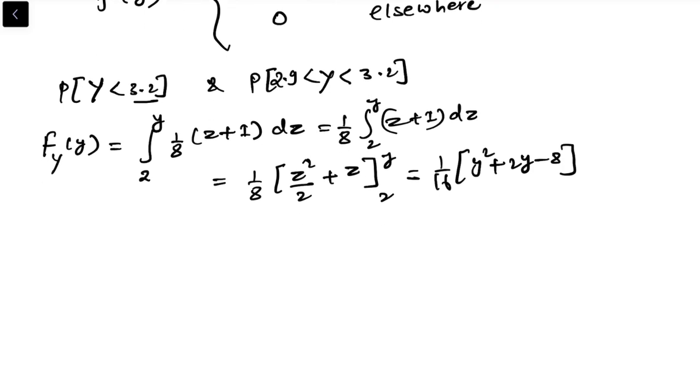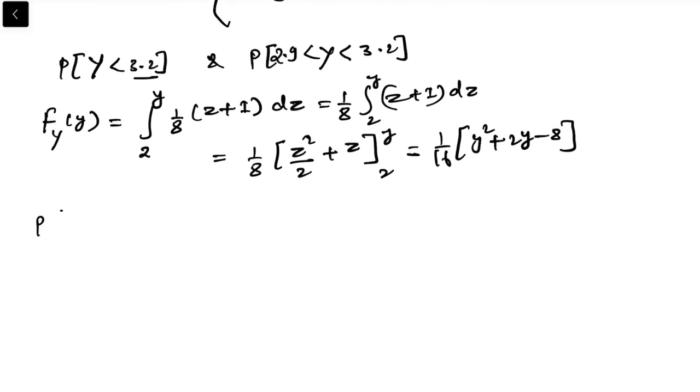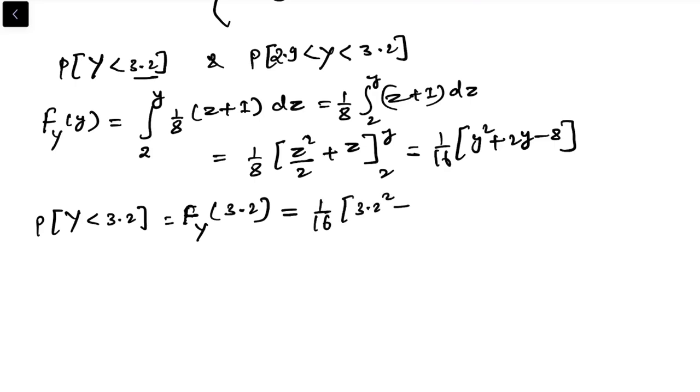Now the probability of y less than 3.2, we can write this as capital F of 3.2, right? These notations are basically the same. And now we can put 3.2 in place of y. So this is 1 over 16 times 3.2 square plus 2 times 3.2 minus 8. I'll leave this calculation to you. I hope you can do it.